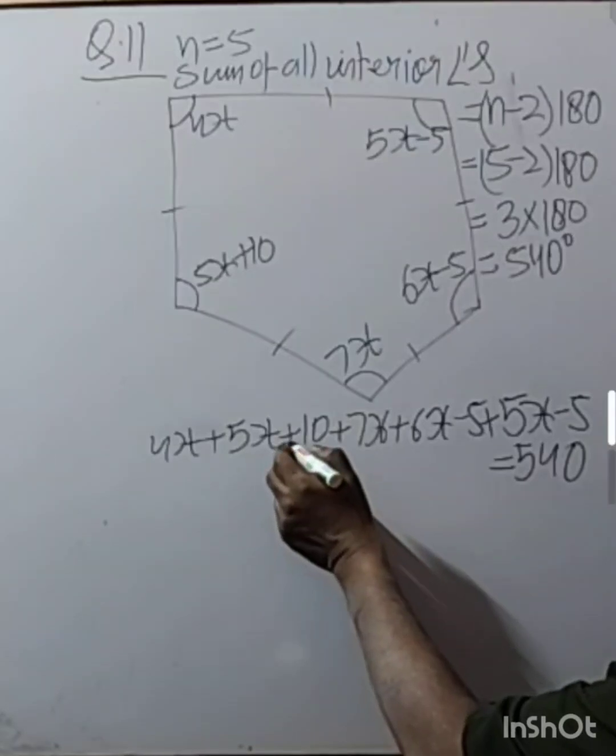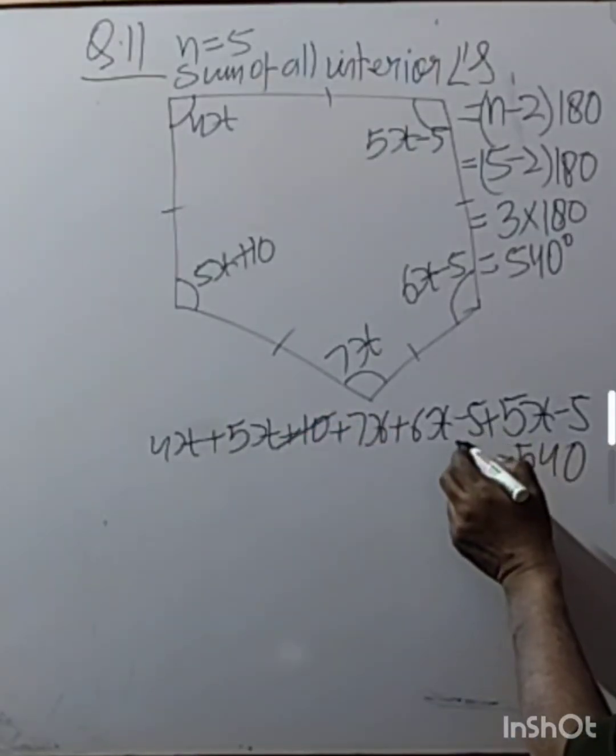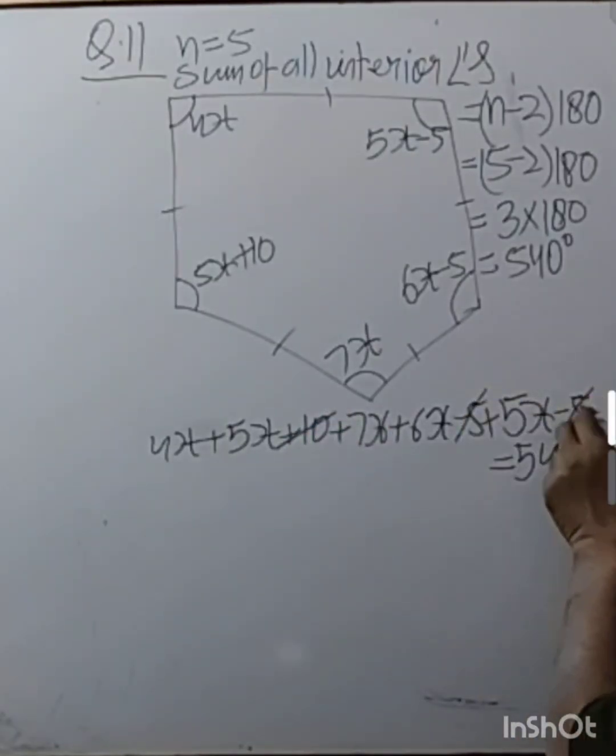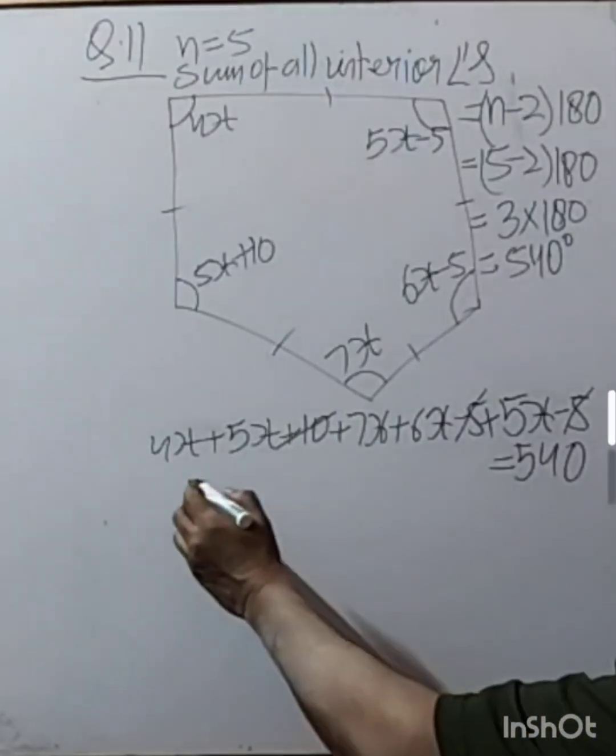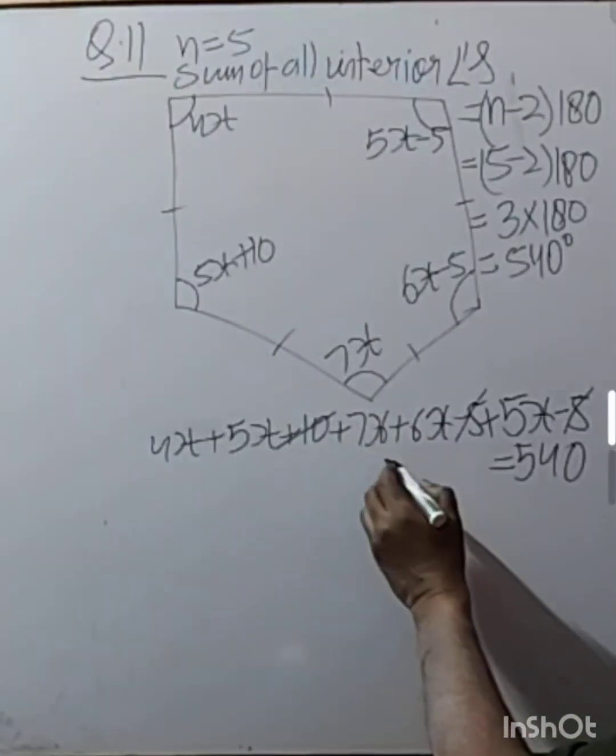So the plus 10 minus 5 minus 5 cancel, and when we add all this, how much will you get?